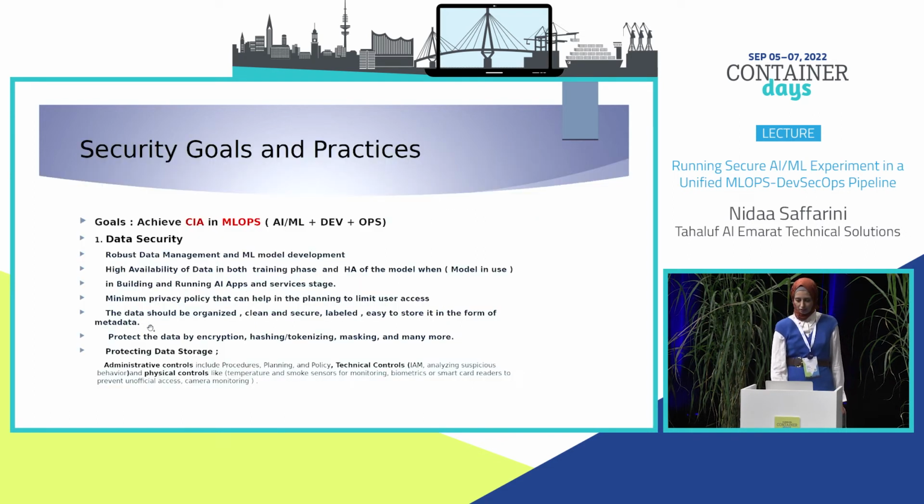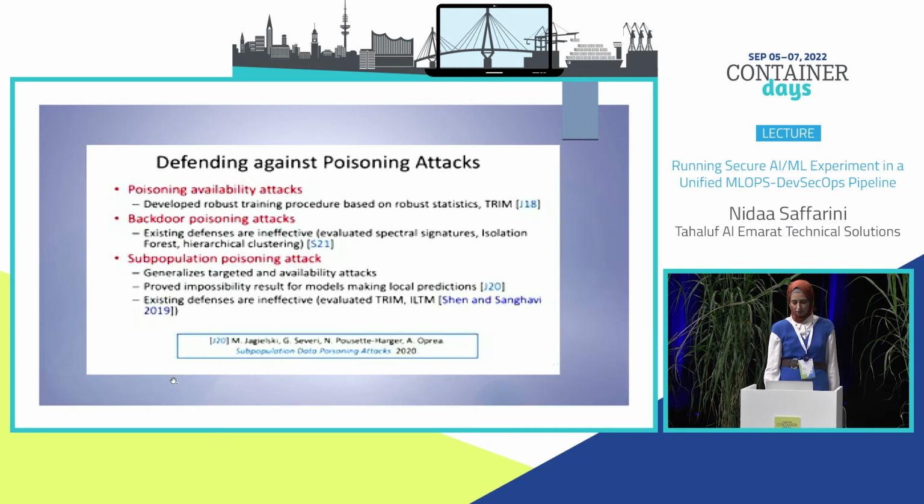Those data should be clean, labeled, easy to store, and have metadata that we can use to access them from the model. Protect the data by encryption, hashing, and masking, and keep the data storage secure by adding three types of controls: administrative, technical, and physical controls.